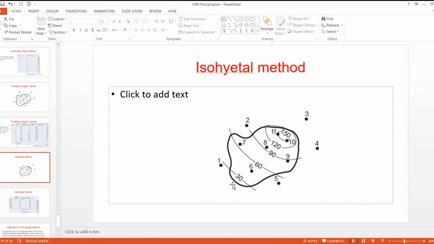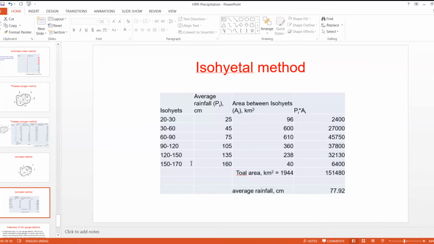So we take the average rainfall of those two contours and multiply with the area of this. The average rainfall of two isohyets surrounding a part of the catchment area is given in this column: 25, 45, 75, etc. Then the area between isohyets is here. These values are estimated using a planimeter.